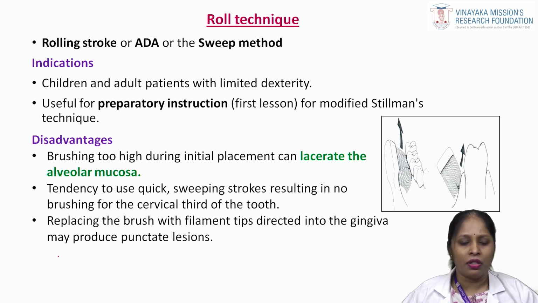The disadvantages include that brushing too high during initial placement can lacerate the alveolar mucosa, and the tendency to use quick sweeping strokes results in little or no brushing of the cervical third of the tooth. Replacing the brush with filament tips directed into the gingiva may produce punctate lesions.